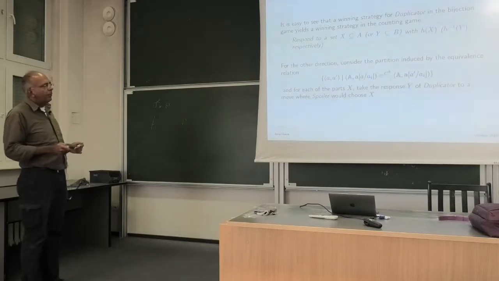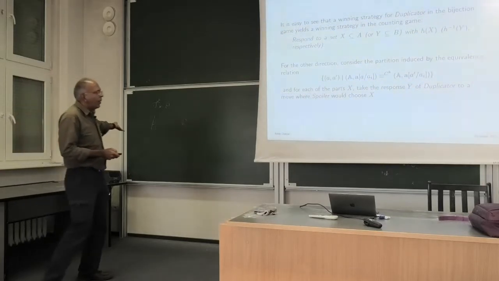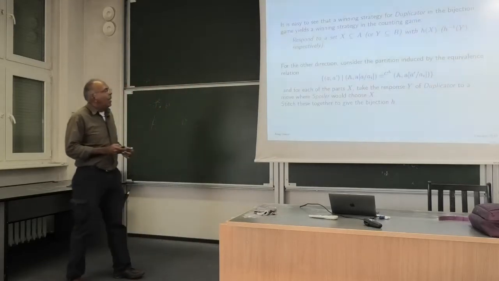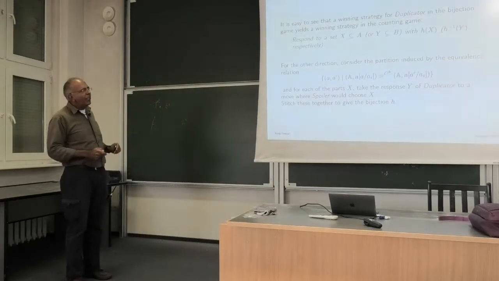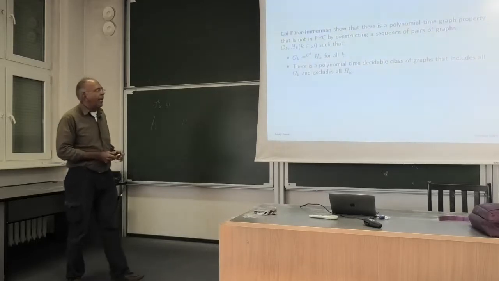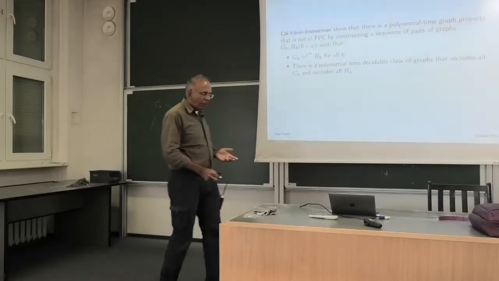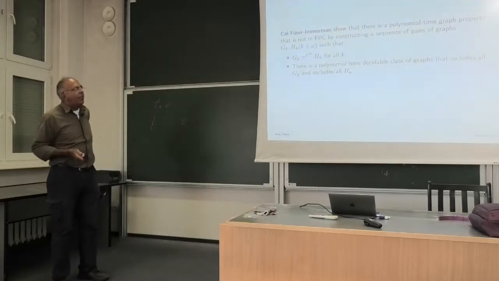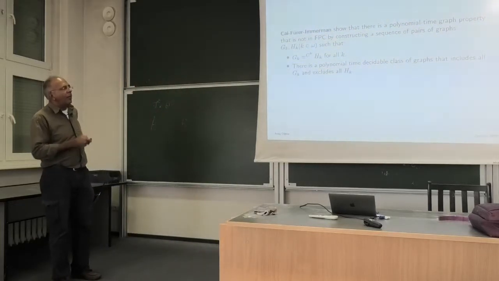So you can translate a winning strategy in this game to a winning strategy in the bijection game. Okay, so bijection games are easier to argue with, that's why we take them. And now I'm going to move to the Cai-Fürer-Immerman construction, which first gave us a polynomial time graph property that is not in FPC.